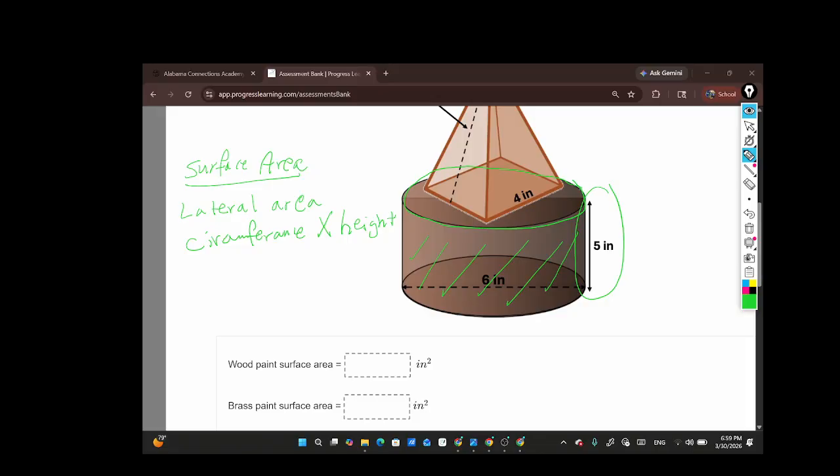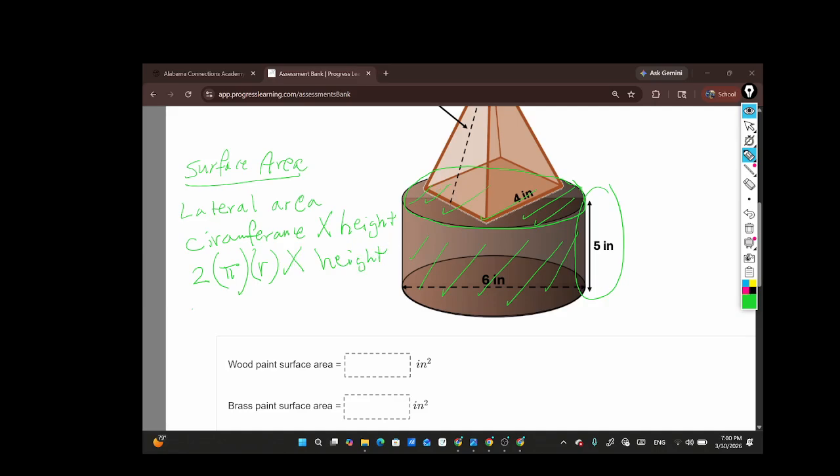For the circumference, we know that it is 2 multiplied by pi multiplied by the radius, because we have a circle, and then multiplied by height.